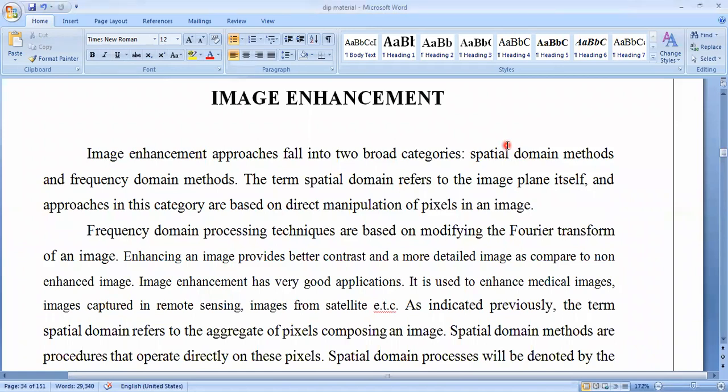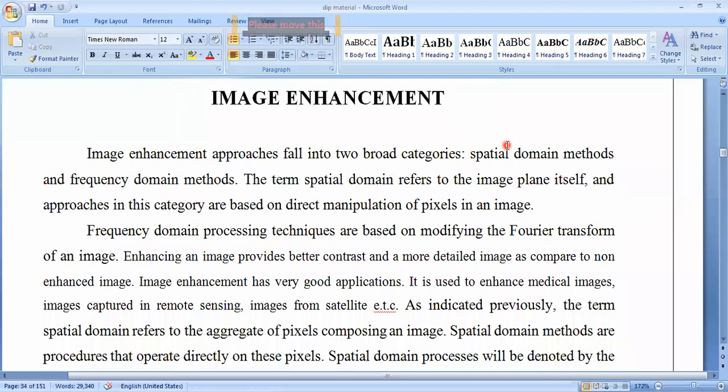So you need to process the original image. After processing, that image is called the resultant image or processed image. If we compare this processed image with the original image, definitely the quality of the image is improved after processing. So who can judge whether it is good or bad?